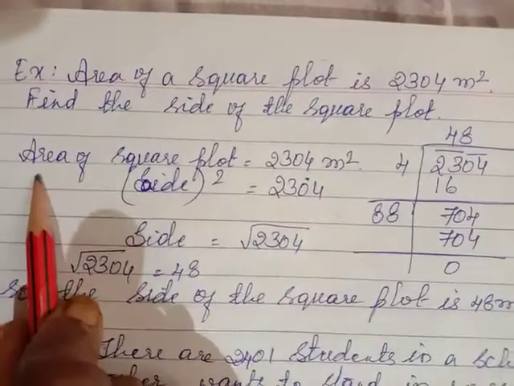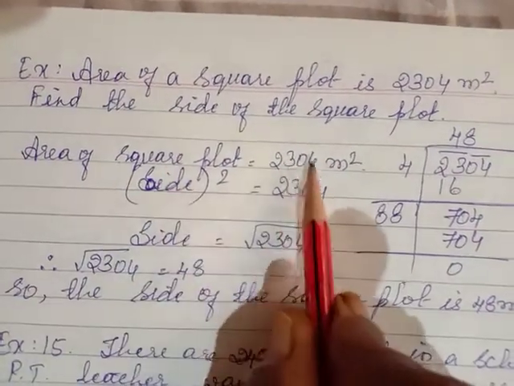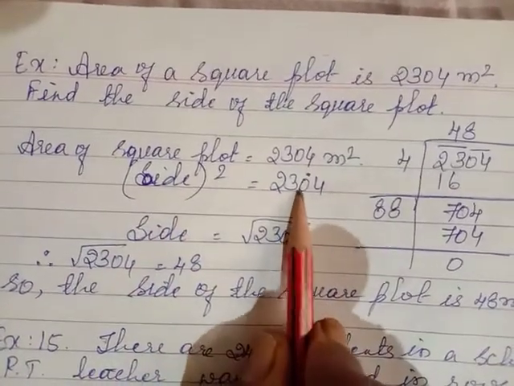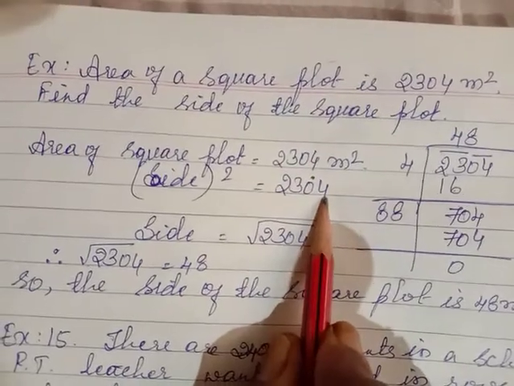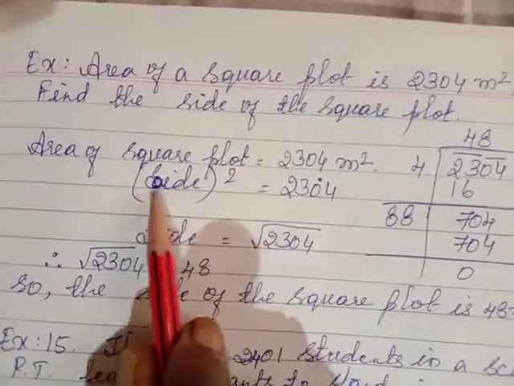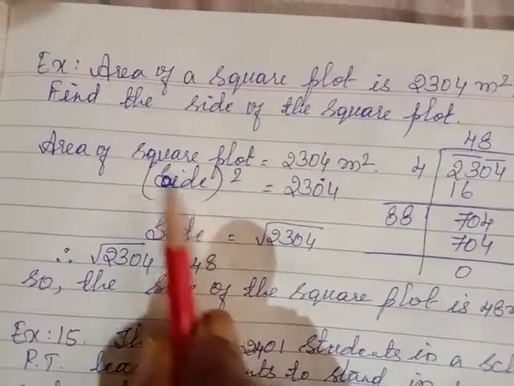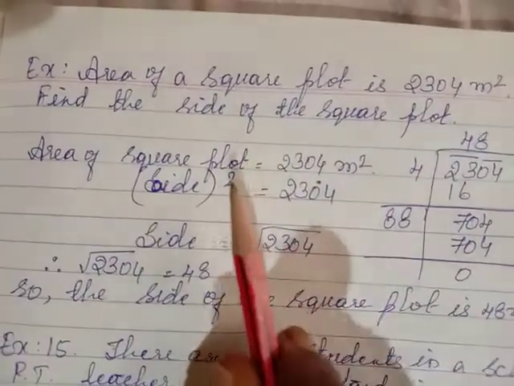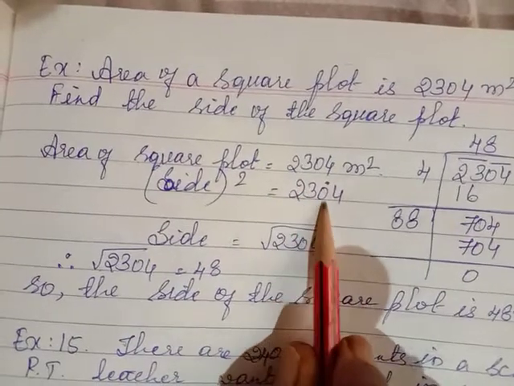Now the area of the square plot is 2304 meter square. Yes or no? Area of the square is what? Side square, or a square, or l square we write, is it not? So here side square is equal to 2304.